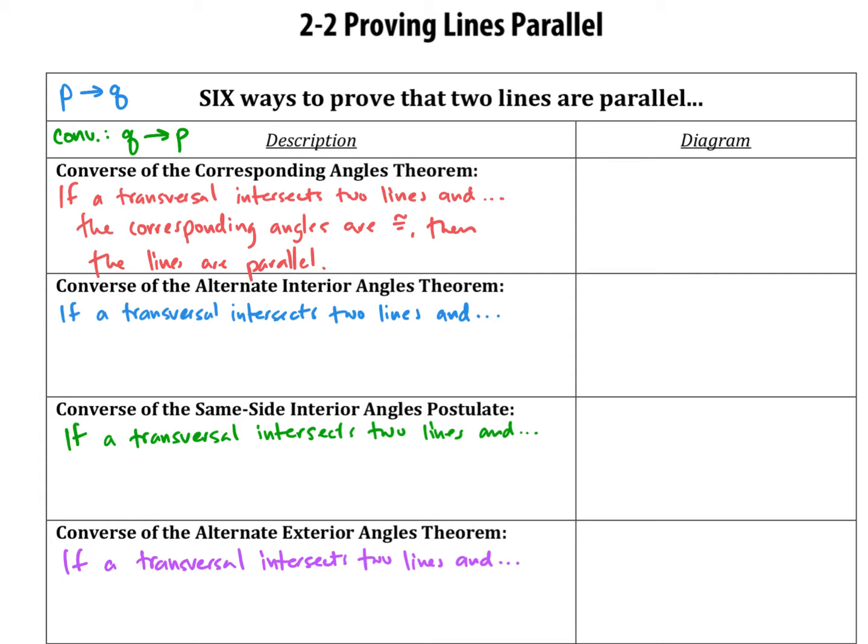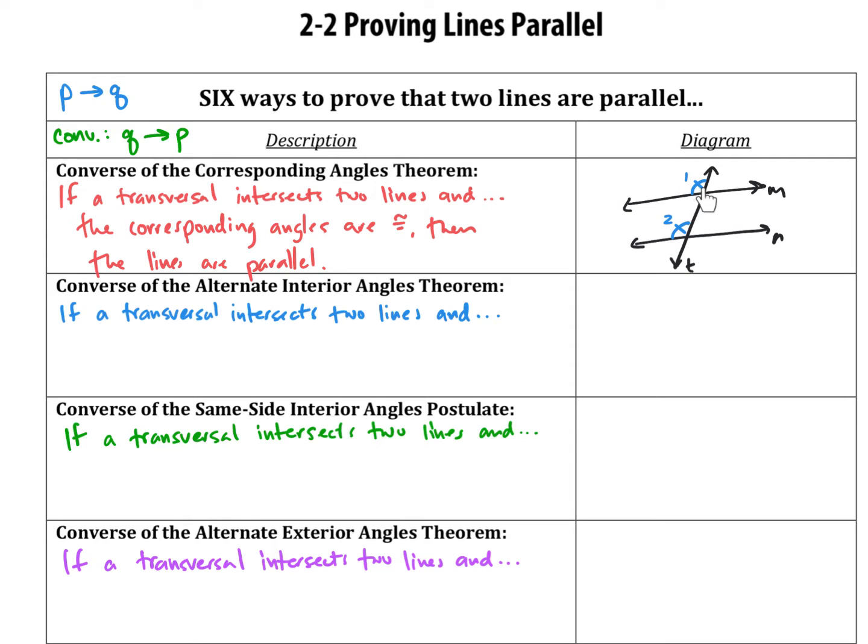So what this would look like in a picture is we might see a line that we call M and another line that we might call N, and then we have a transversal going across it that we'll call T. And then we see in that picture that maybe this angle right here and this angle right here are congruent. We'll call that angle 1 and angle 2. Those two angles are corresponding angles.